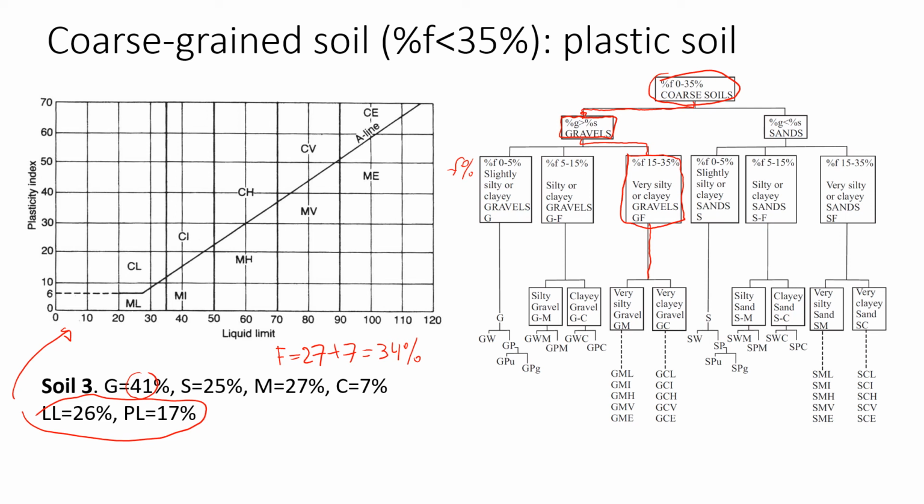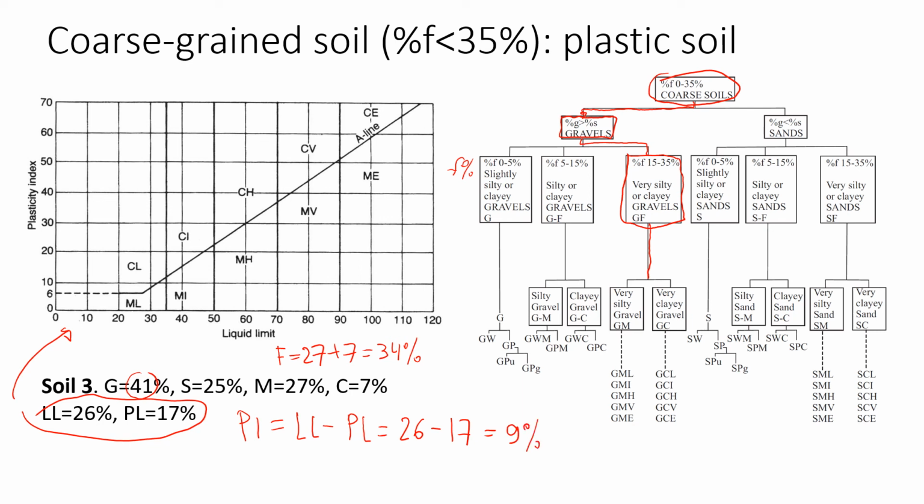So first of all, we need to get the plasticity index. So plasticity index is liquid limit minus plastic limit. So we have 26 minus 17, sorry, will give us 9%.